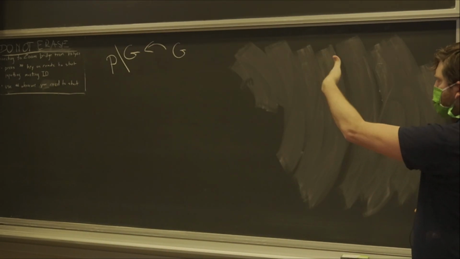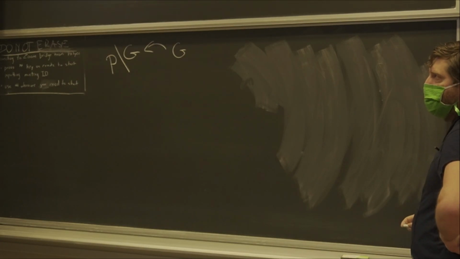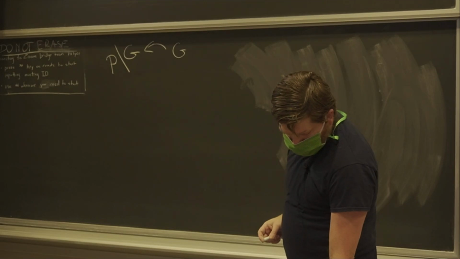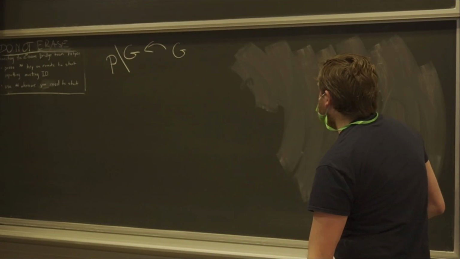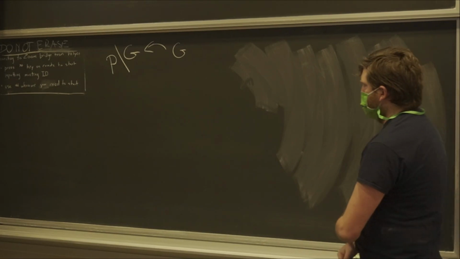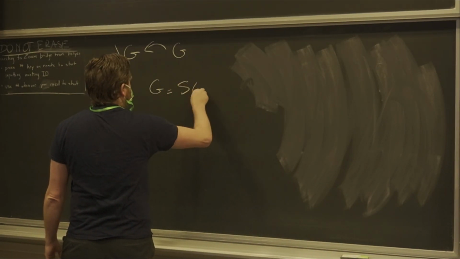Again, left and right make no difference for us. It's just a notational convenience whether we are multiplying things left or right. So let me go back first to this SL2R situation.